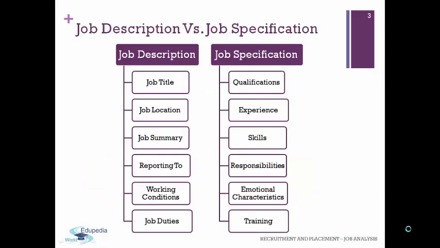Moving on, like I said earlier, let's understand what the difference between a job description and a job specification is. Basically, a job description is the list of what the job entails: the job title, the job location, what kind of responsibilities a person will handle, the working conditions, the specific duties of the job.